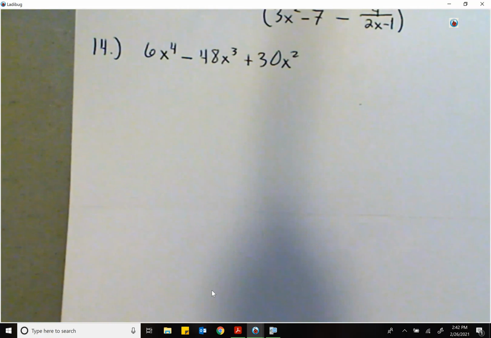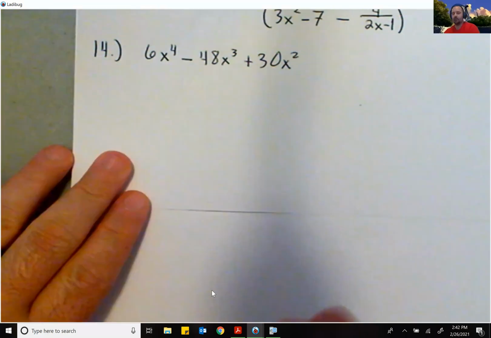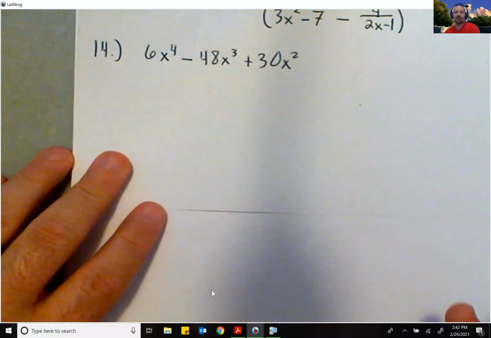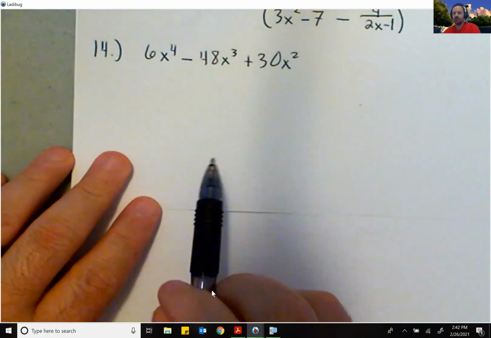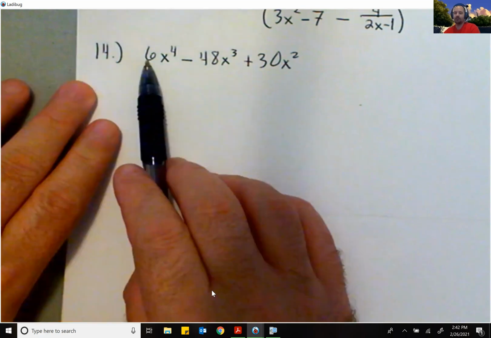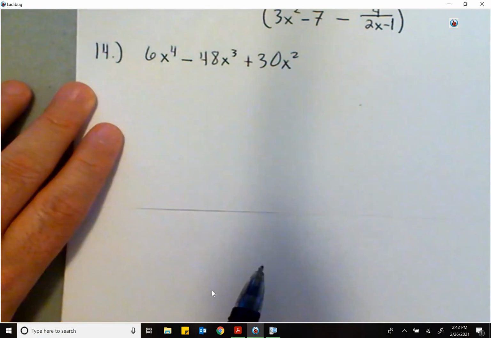Is there a number that divides all the numbers, and do all terms have a common variable? There we go. Because the two kinds of GCFs that exist, there are number GCFs and there are variable GCFs. So to figure out the number, is there a number that divides all of these? Let's just talk about the number.